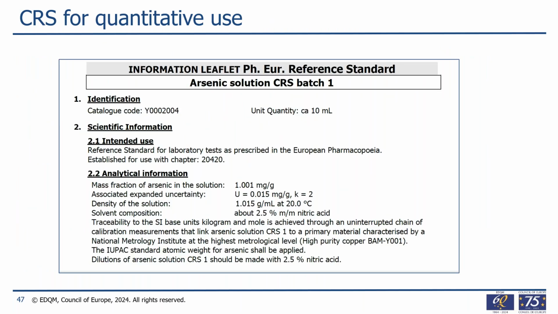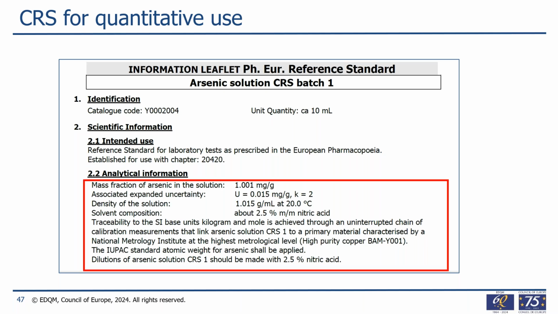The leaflet provided with the reference standard contains the assigned content of the concentration of the solution, along with its expanded uncertainty and a statement on the traceability to the SI units. So it's basically like a CRM.